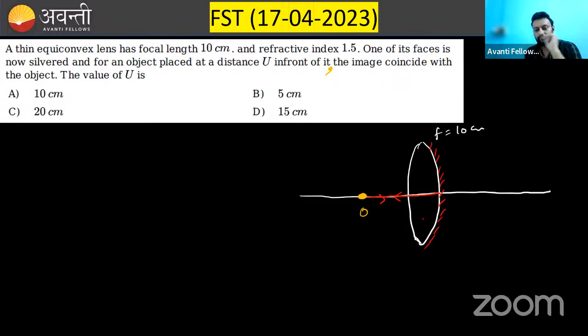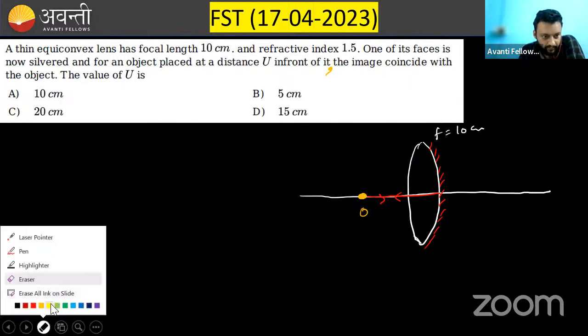This is the punchline, you know now. Now, the second ray I am taking, this is the second ray. After reaching the surface of the lens, it will suffer some refraction. I will draw the diagram more clearly.